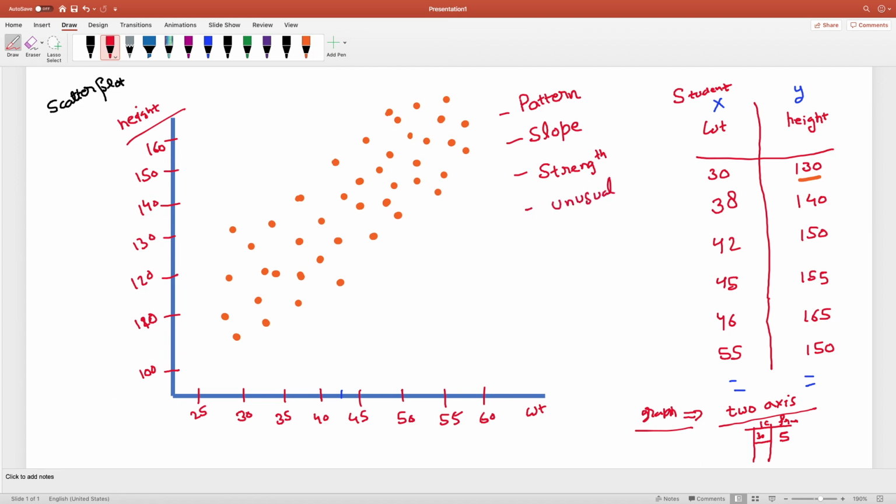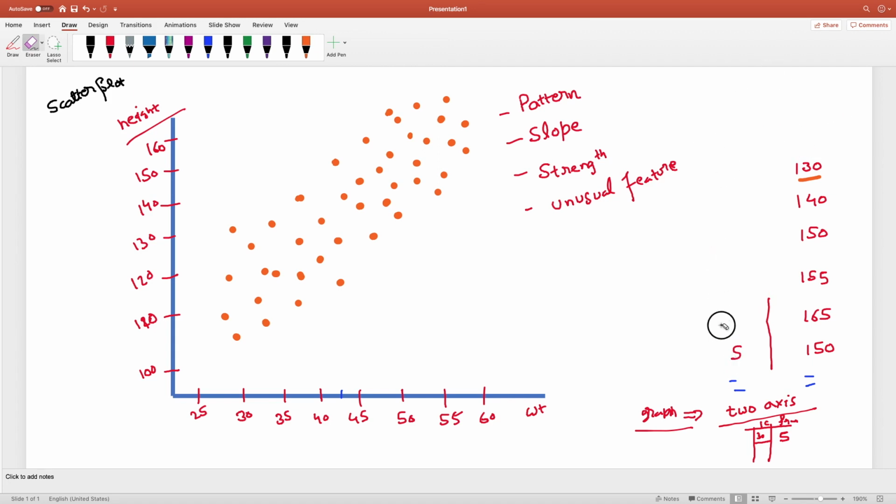I will talk about all these things in a bit. Unusual features, and what are these unusual features? I'm going to talk about that. Okay, so I'm just going to remove this from the board so that I can write multiple things, and I hope it is making sense to you, right? So you don't need this kind of graph.